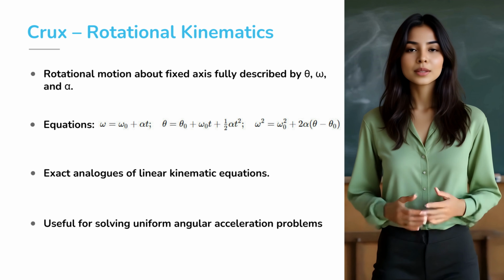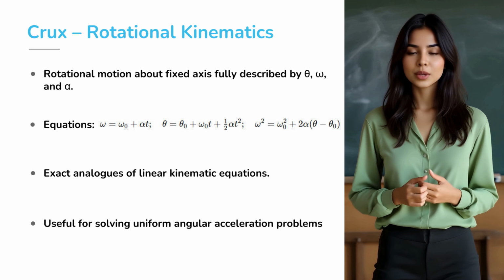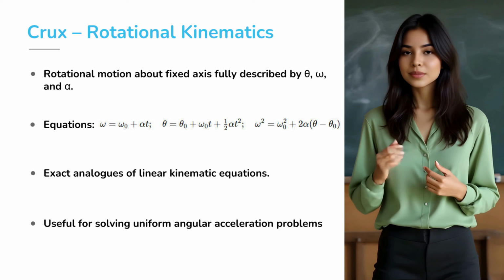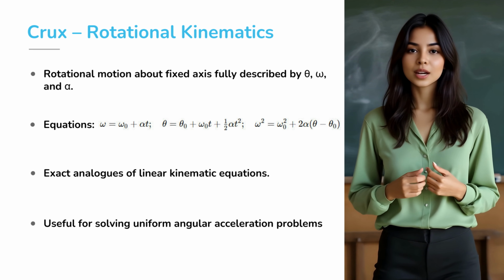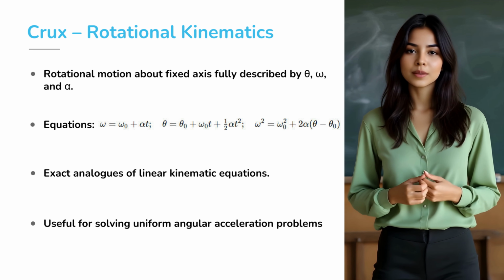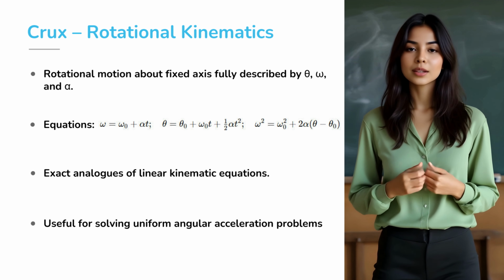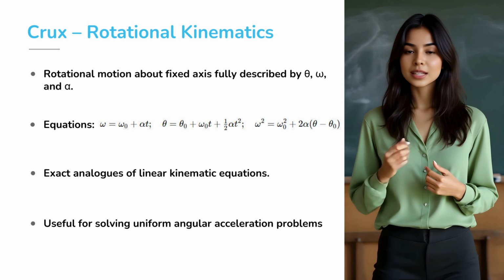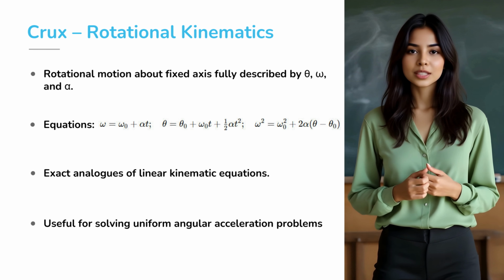So to sum up, kinematics of rotational motion mirrors linear kinematics. Angular displacement theta, angular velocity omega, and angular acceleration alpha play roles exactly like x, v, and a in translation.